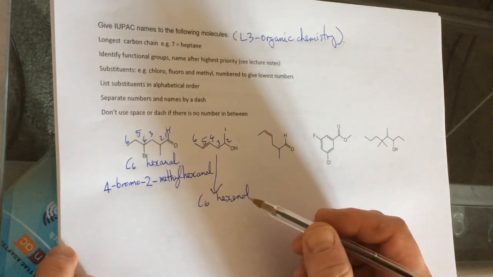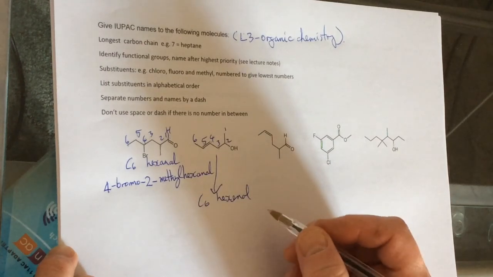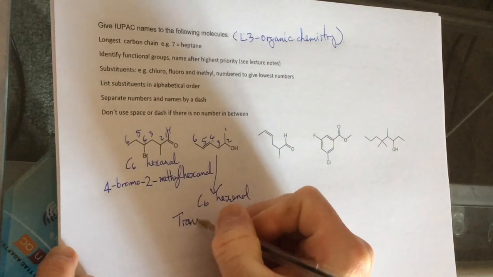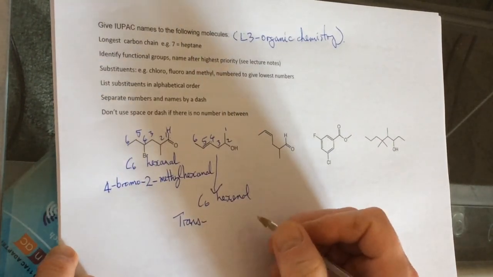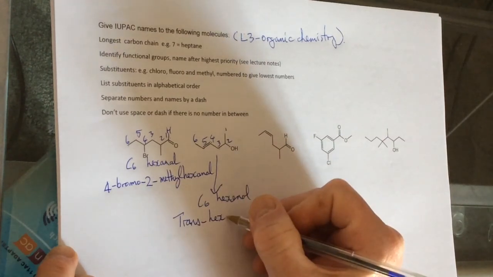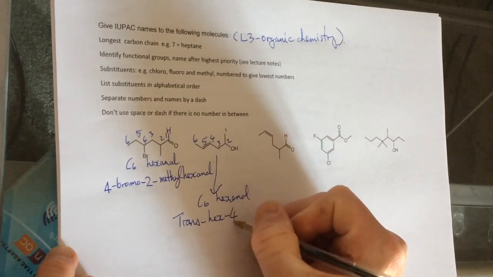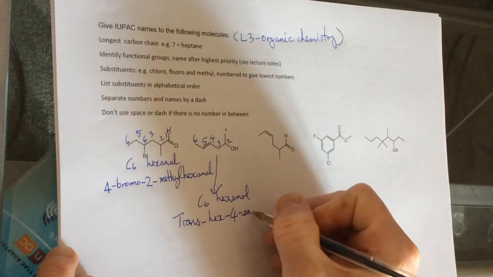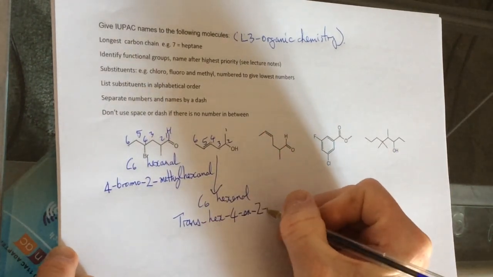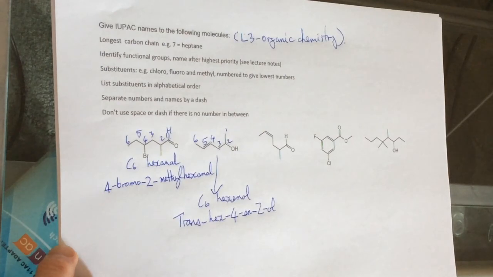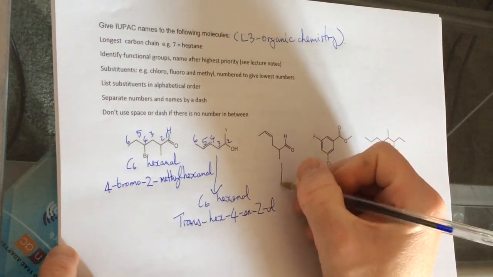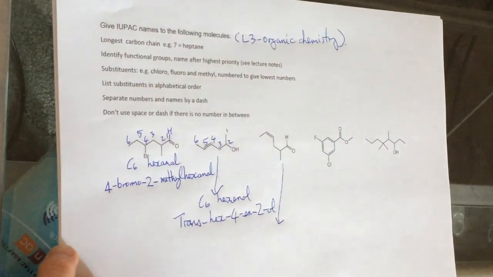So we either call that trans or alternatively E. So first we'll call it trans, and then we've got hex, and the position of the double bond is 4, ene, and then the position of the alcohol is 2, ol. And we'll move that one down so there's room for that.